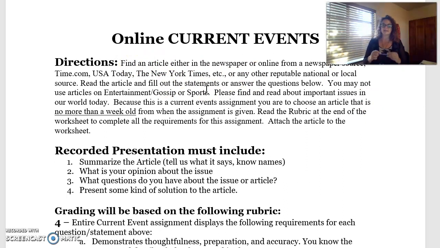I don't want to hear much about weather unless there is some other extenuating point. Notice it says right here, you may not use articles on entertainment, gossip, or sports. There is a reason for that. That isn't news.